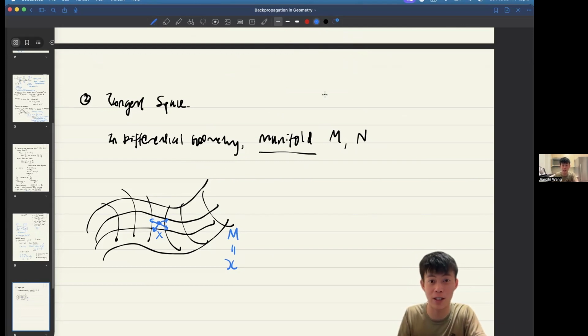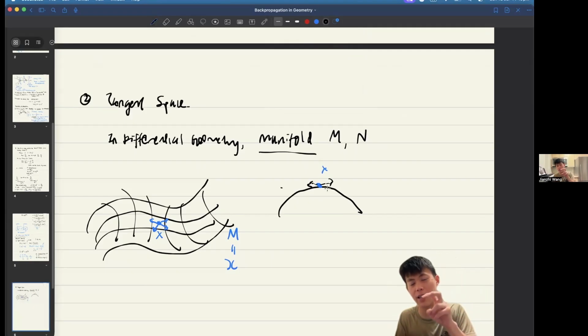The manifold is curved. So for example, just for us to see it clearer, if this is a cross-section of our manifold and our point X is here, then our infinitesimal movements would be something like this. But if we actually take that infinitesimal movement, we will just be off the manifold.